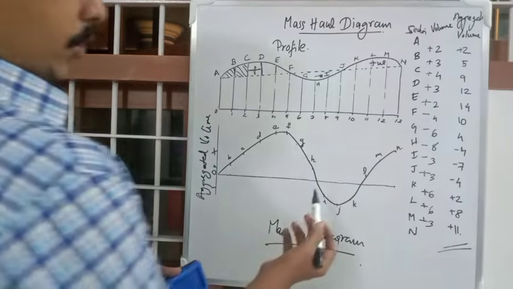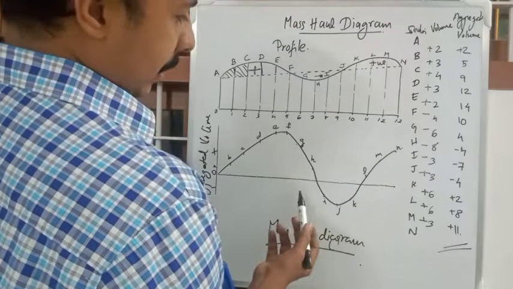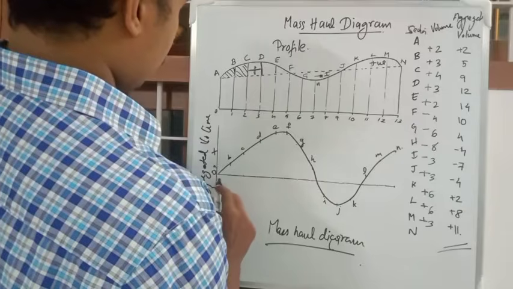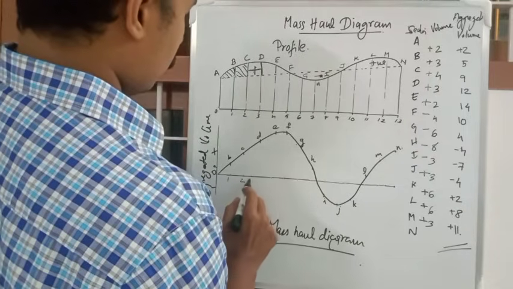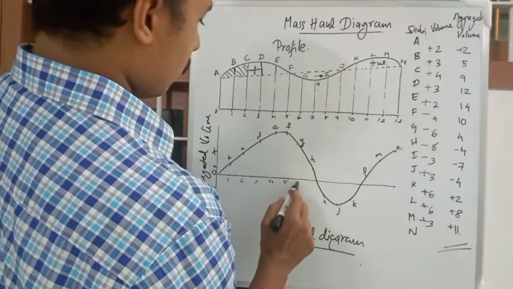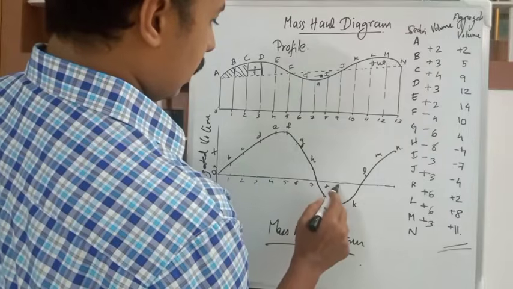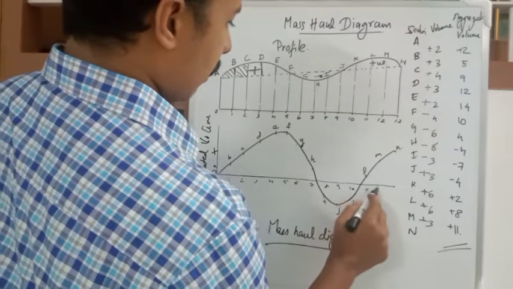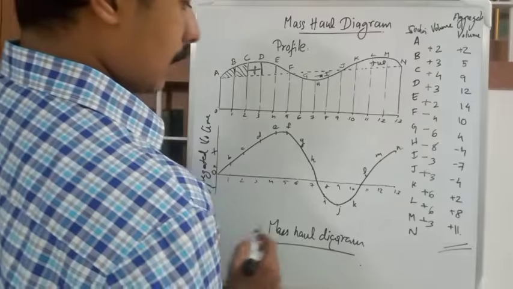We have two new important points here, where we number 1, 2, 3, 4, 5, 6, 7, 8, 9, 10, 11, 12, 13.